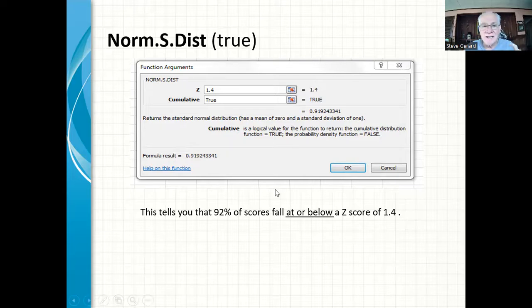So the way you decide whether this is a true or a false is you read my language. And when I'm using language like at least, up to, no more than, that tells you it's cumulative, so you put true in. In this case, the probability of getting up to a z-score of 1.4 is 92%.